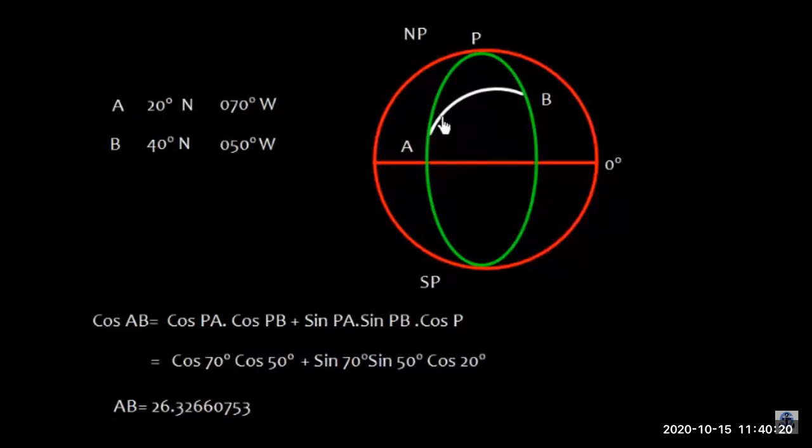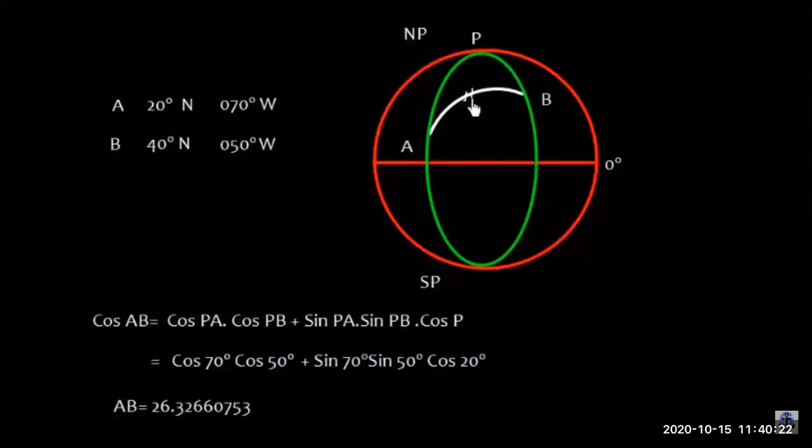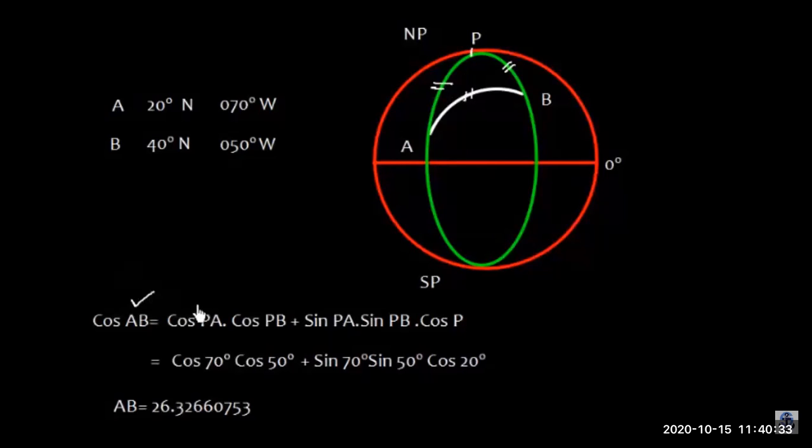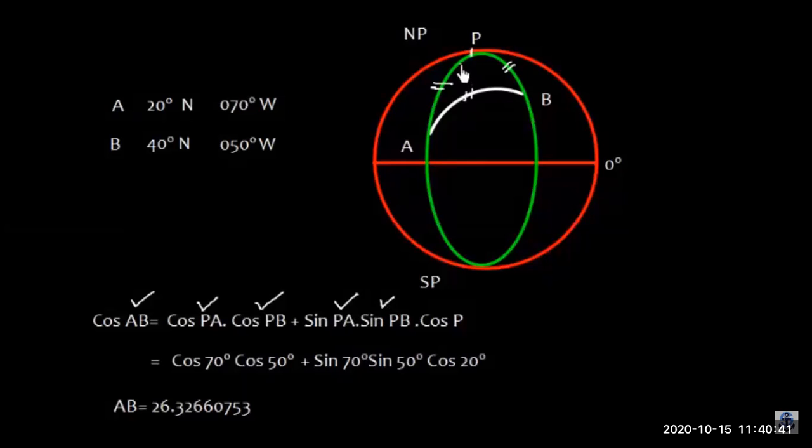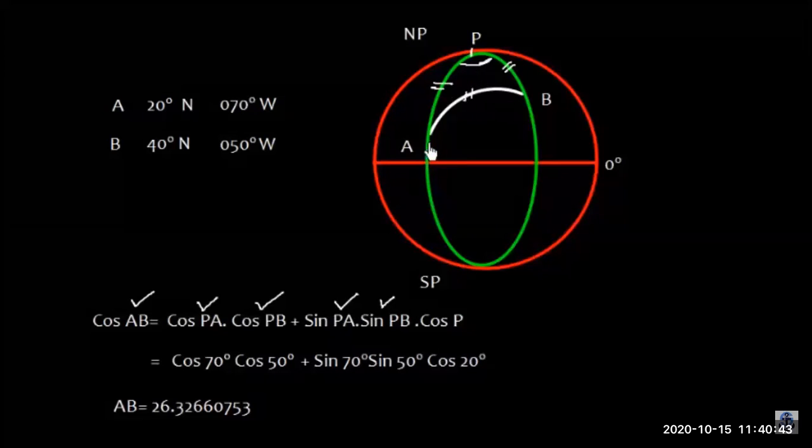So we put this position A 20 70 and B 40 50. Cos AB side will be equal to cos PA side times cos PB side, plus sin PA side times sin PB side times cos P. Cos P is the angle at the pole, that is the difference between the longitudes.